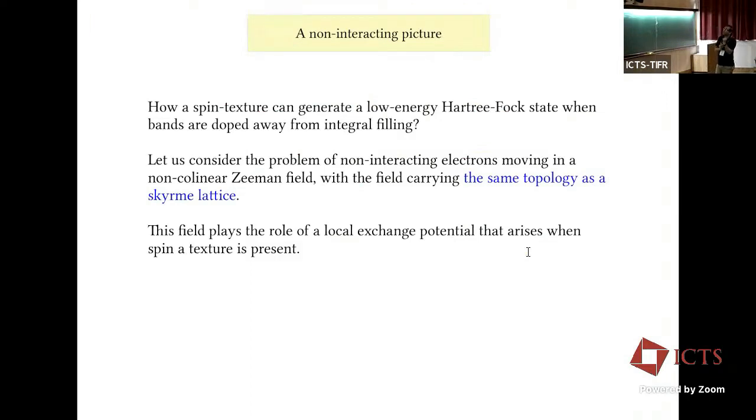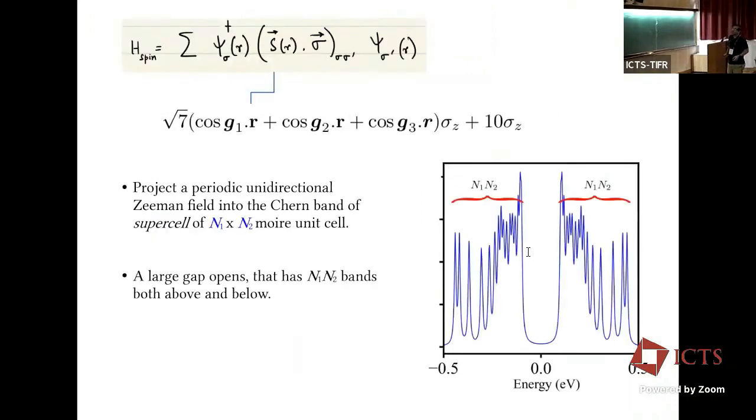Okay, I'm running a little tight on time, but let me show you this. One can think of this even in a non-interacting picture: how exactly does adding a Skyrmionic texture give you a more stable ground state at a filling which is higher than integer filling? How would I do that? Let's say I have a twisted double bilayer graphene conduction band, non-interacting, and I'm just going to put some spin texture on it by hand.